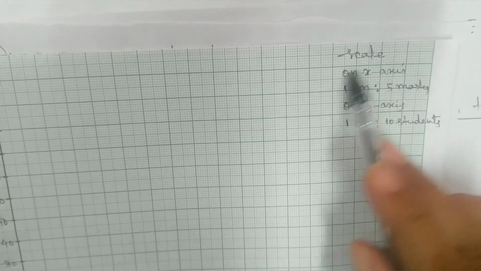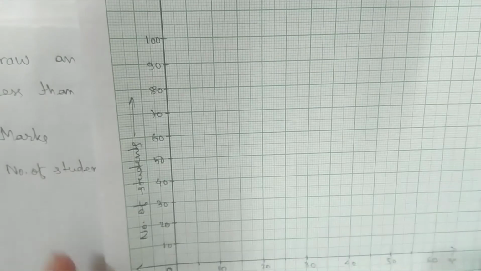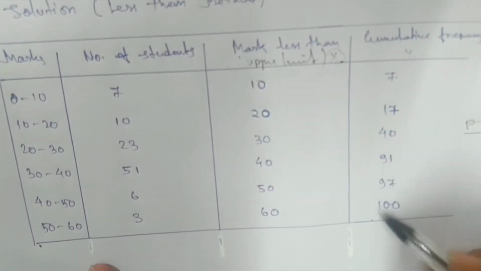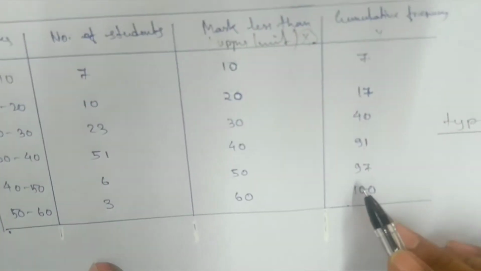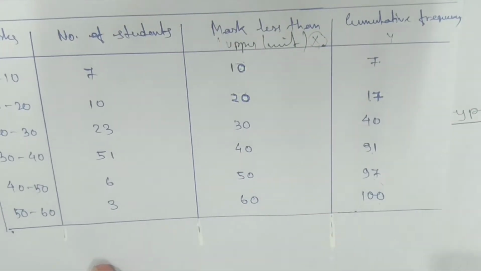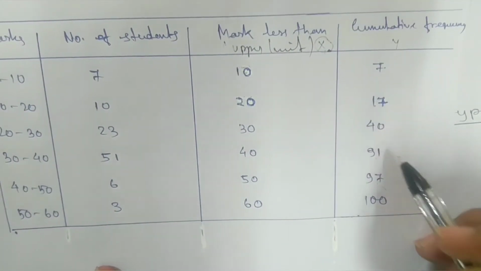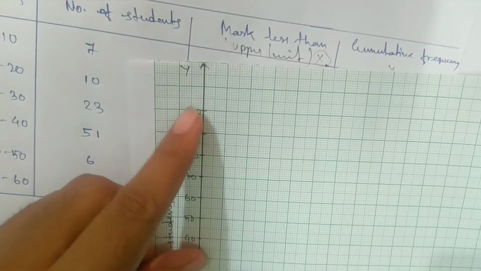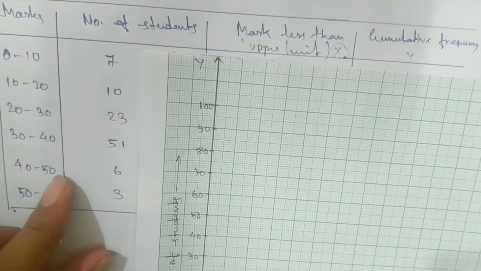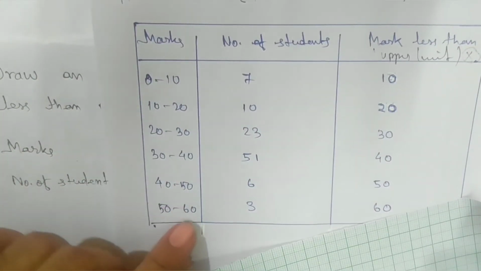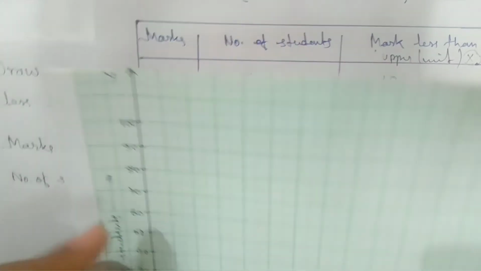This is your scale. On the x-axis, look here, according to the problem. We need to see the highest cumulative frequency number, that is 100. Minimum is 7. That means we need 100 on the y-axis. And for the x-axis, we need to see the highest is 60.